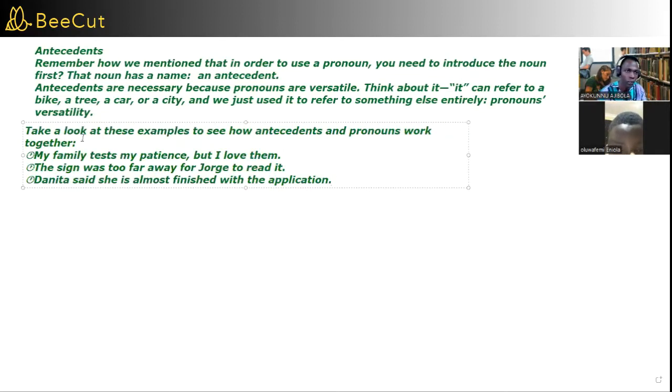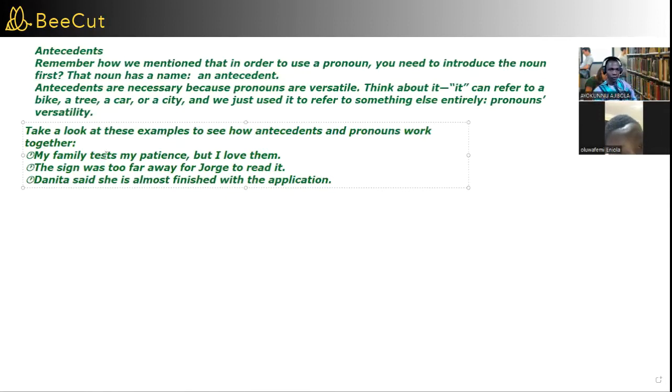Take a look at these examples to see how antecedents and pronouns work together. My family tests my patience, but I love them. The sign was too far for the judge to read it. Janita said she's almost finished with the application.